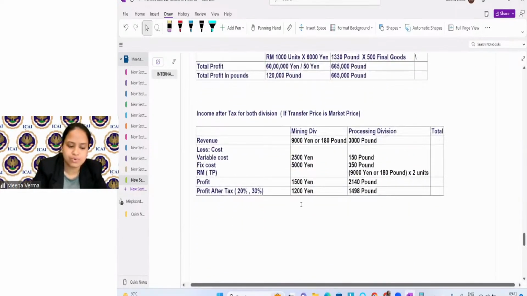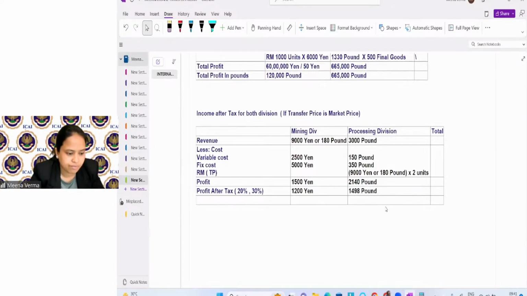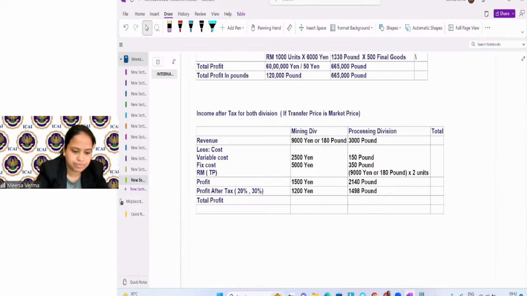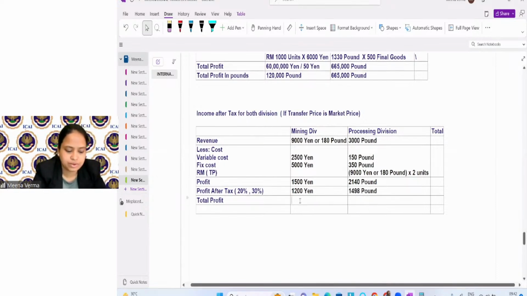Similarly, you can do it for here also. How many units are we producing? So here again, we have 1000 units, and the profit is 1200 yen.